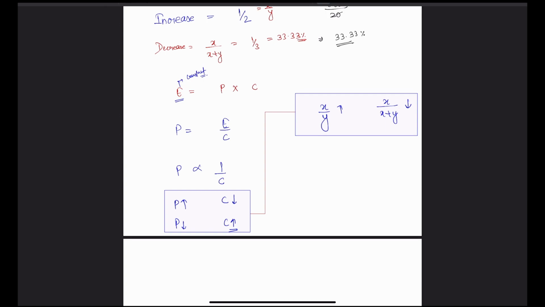Let's solve some more questions on the same type of pattern. So suppose that the price of sugar increased by 33.33%.